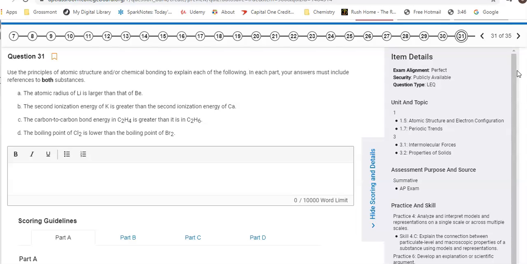The second ionization energy of potassium is greater than that of calcium. That's true, because calcium has two valence electrons. It can easily ionize both of those because it wants to become like the nearest noble gas, argon. The second ionization energy for calcium is a third orbital electron.